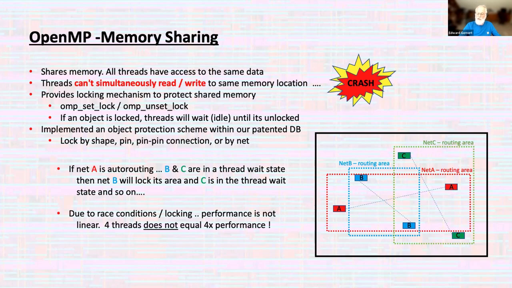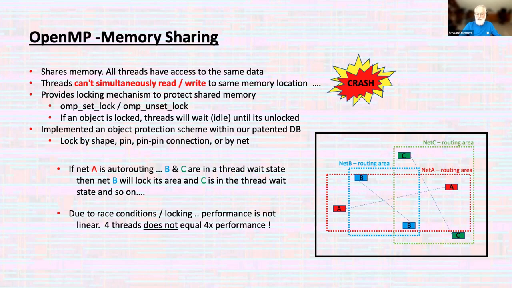Now, if net B starts and net C starts, it's going to wait for A to finish. Once A is finished, the next net that's waiting will take over that area, and now B will route, and now C will wait again. In this small example, threading doesn't buy you anything. Actually, it probably hurts you a bit because there's a little overhead for threading.